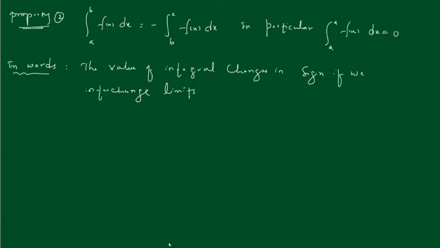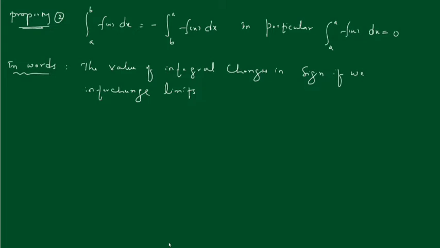So let's see here. a is the lower limit, b is the upper limit. In the RHS, the limits have been interchanged. In place of b, we have written a. In place of a, we have written b. So the sign of the integral changes, right?